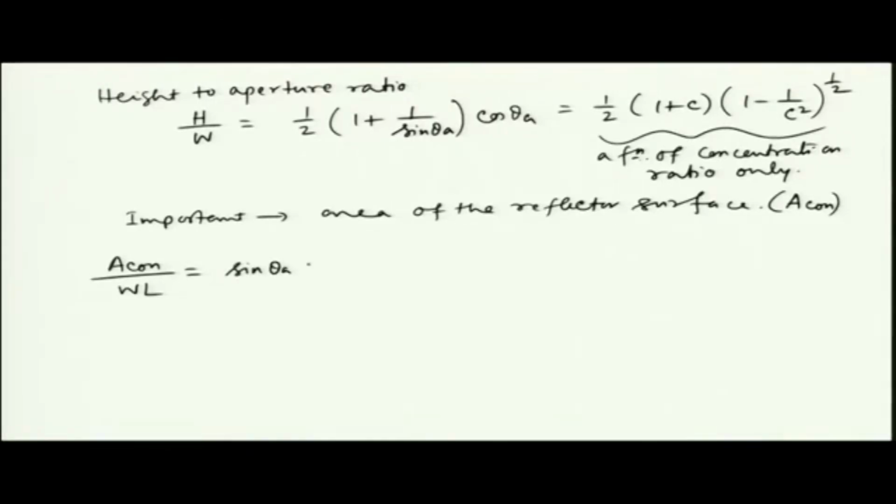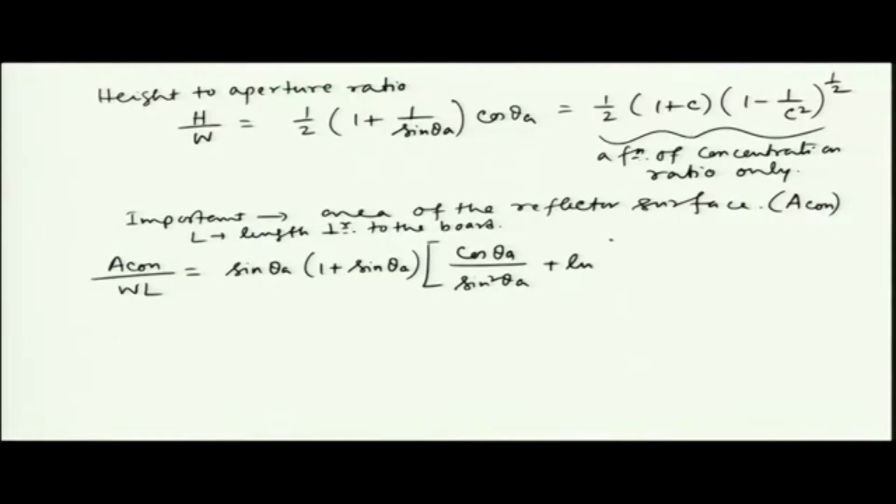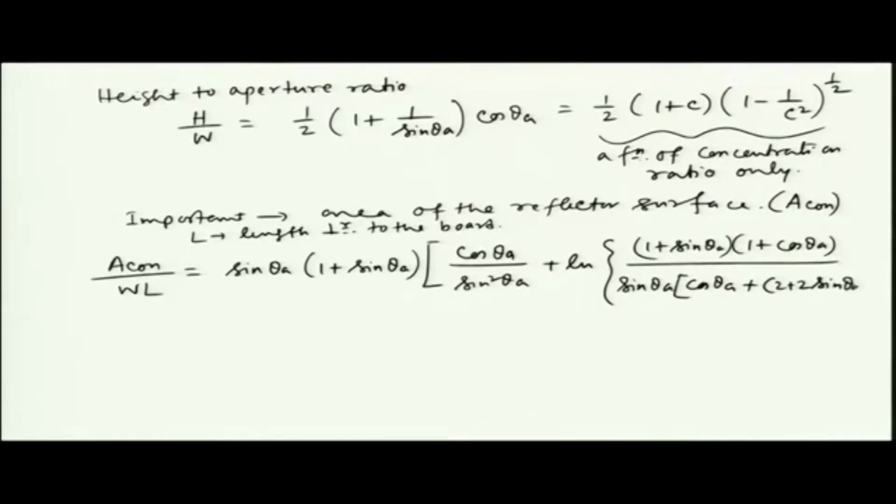So, that one you can write, or it can be shown, this expression is theta A plus natural log of 1 plus sin theta A 1 plus cos theta A divided by sin theta A cos theta A plus 2 plus 2 sin theta A to the power half, that means square root this whole thing, okay, minus root 2 cos theta A divided by 1 plus sin theta A to the power 3 by 2.